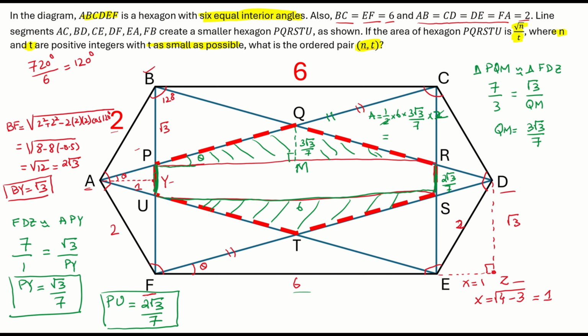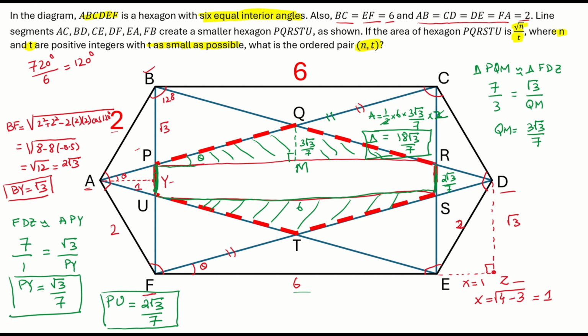So let's simplify this. This becomes 18 root 3 over 7. Okay, so this is my triangle areas.